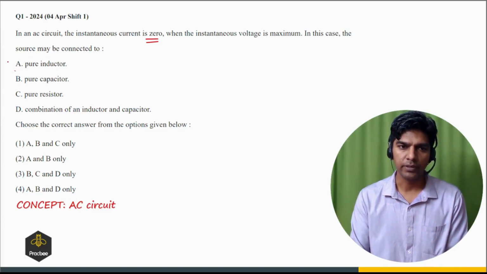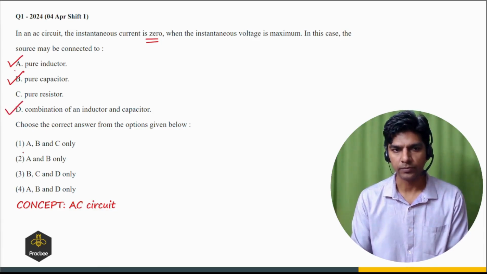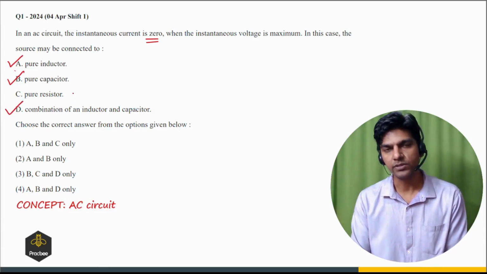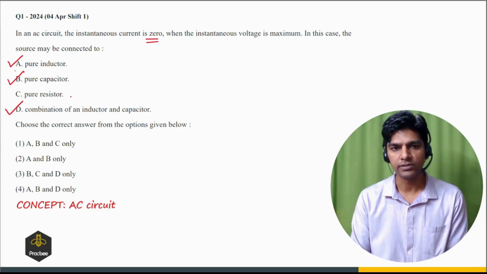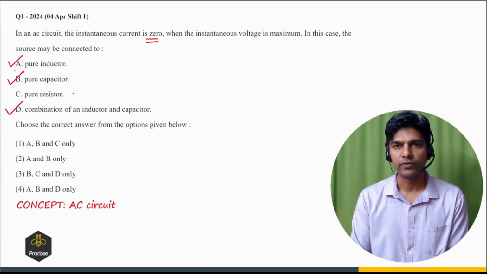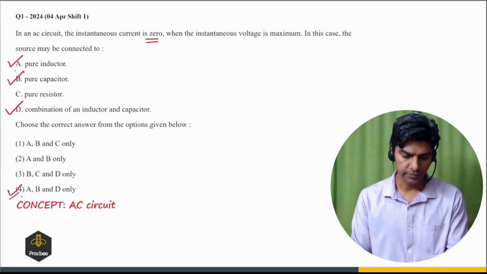It can happen in a pure inductor, in a pure capacitor, or in a combination of inductor and capacitor, right? In case of a pure resistor, cos phi, the power factor, will be 1, or the phase difference will be 0. So if you look at options A, B, D, option 4 is the right answer.